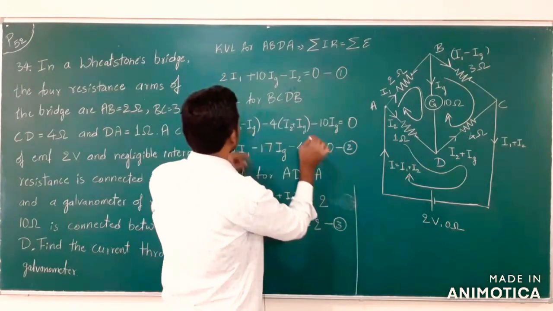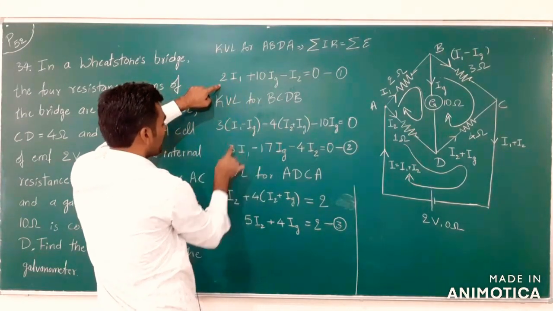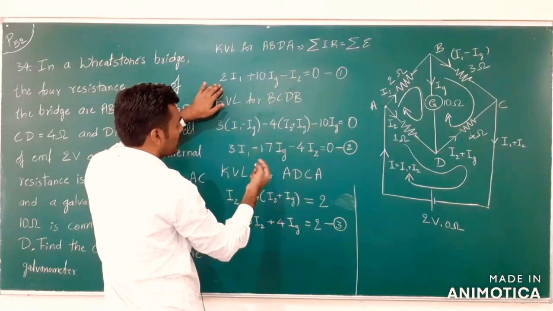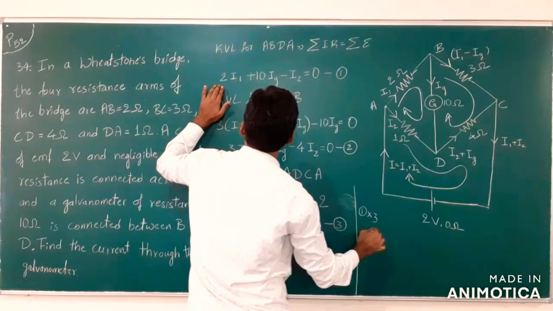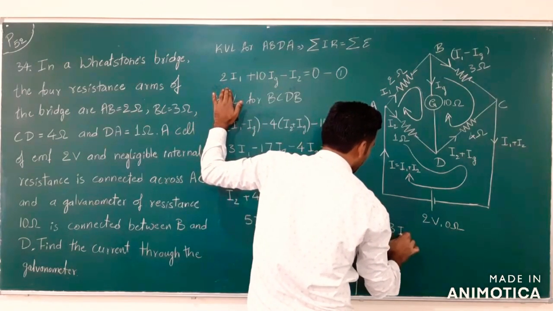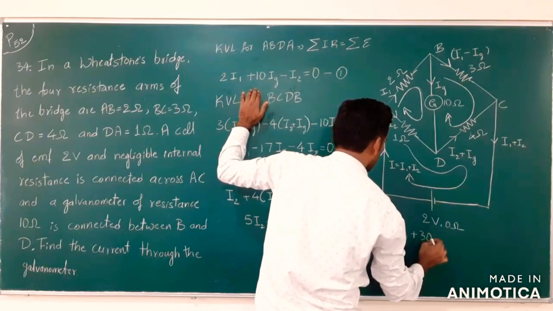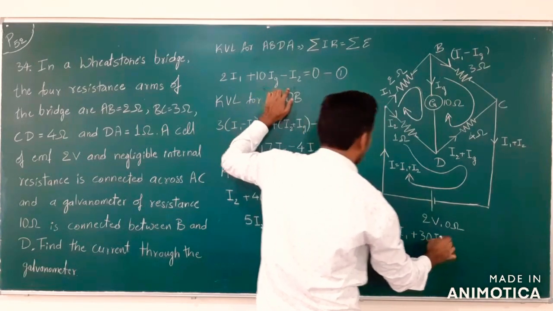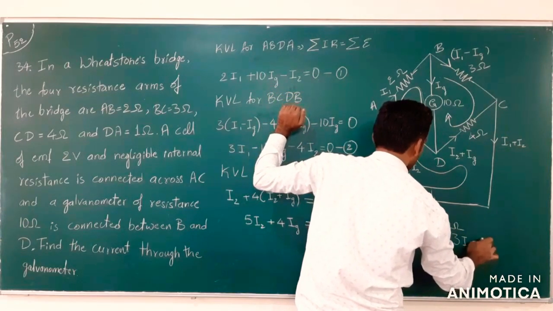So first, how to eliminate I1 from these two? So here I have 2I1, here I have 3I1. So I should make both of them equal to 6I1. So equation 1 into 3, which is 3I1 plus 30Ig minus 3I2 is equal to 0.